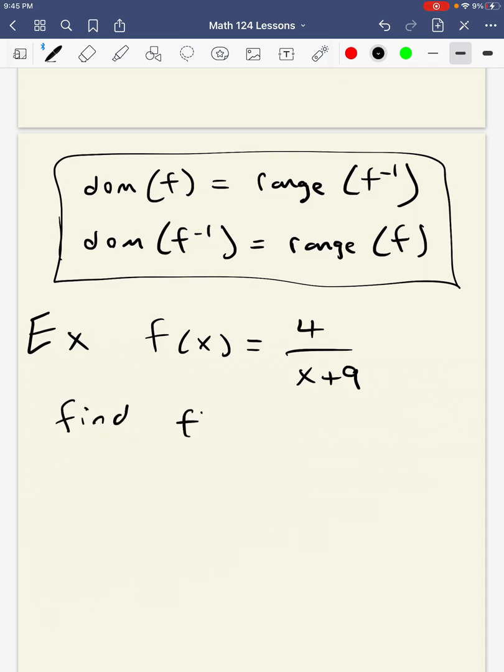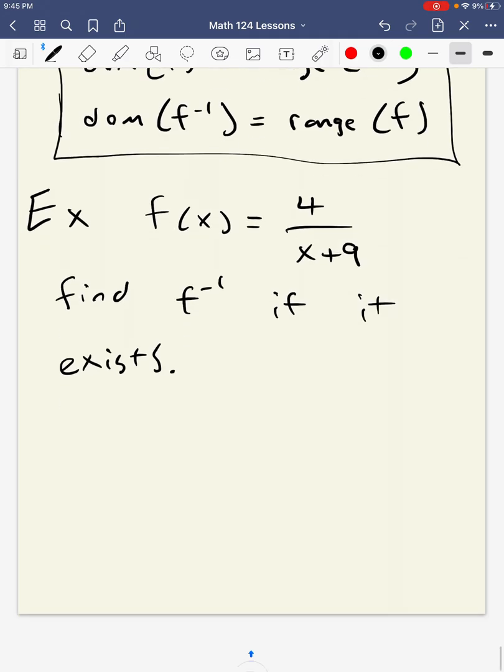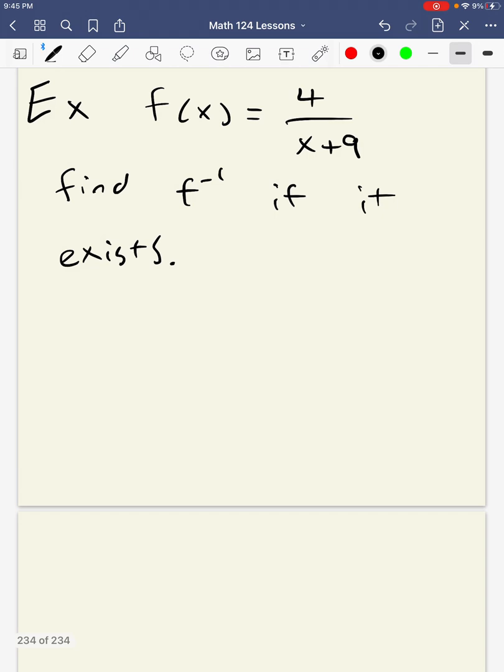And let's find the inverse if it exists. Okay? Well, remember, it only exists if f is 1 to 1, so we have to ask ourselves, is f 1 to 1?